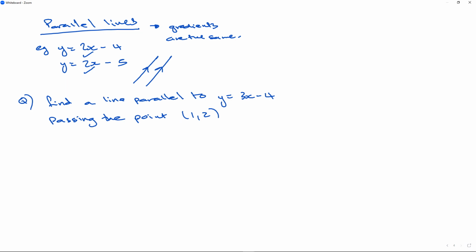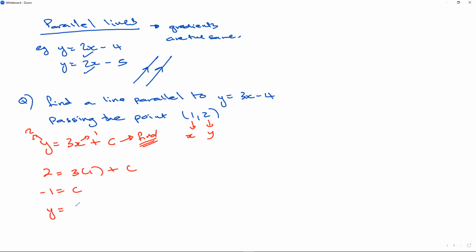So this is how we would do it. The first thing we do is we write the entire line with the same gradient because it's parallel, but just write plus c. And now we're going to attempt to find c by substituting the x value as 1 and the y value as 2, which means this is going to become 2 equals 3 times 1 plus c. 2 minus 3 is negative 1. c equals negative 1, so y equals 3x minus 1.